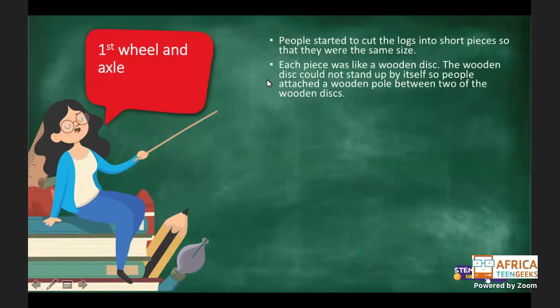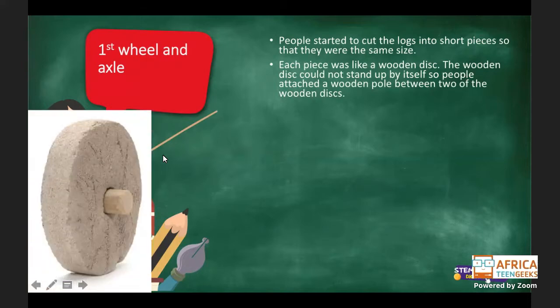Okay. People started to cut the logs into different shapes in order for them to experiment with these logs, and each piece was like a wood disc. The wooden disc would not stand up by itself, so people attached a wooden pole between two of these wooden discs.